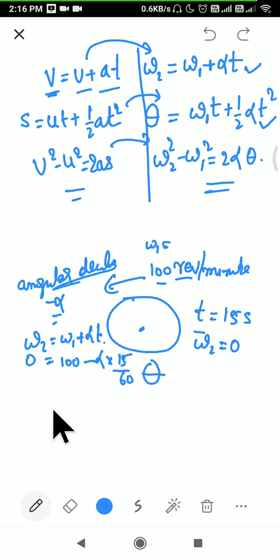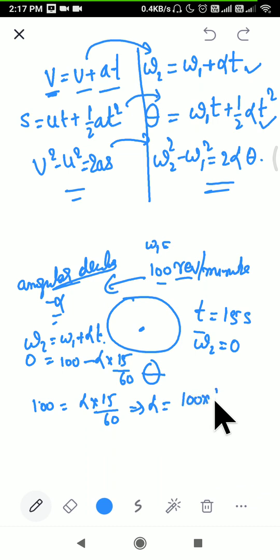Now here what is alpha? 100 is equal to alpha into 15 by 60. So alpha is equal to 100 into 60 by 15. This is 400 revolutions per minute square.